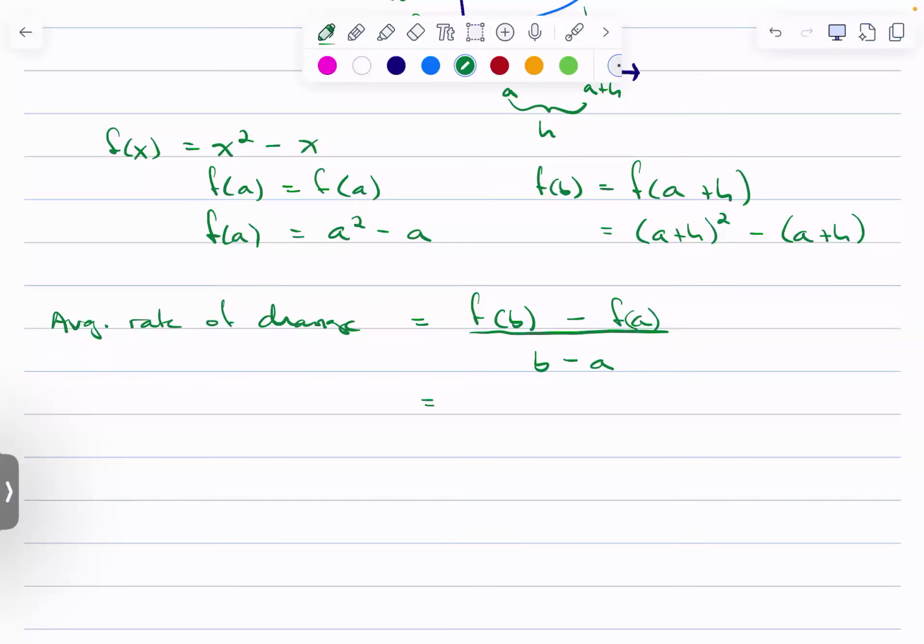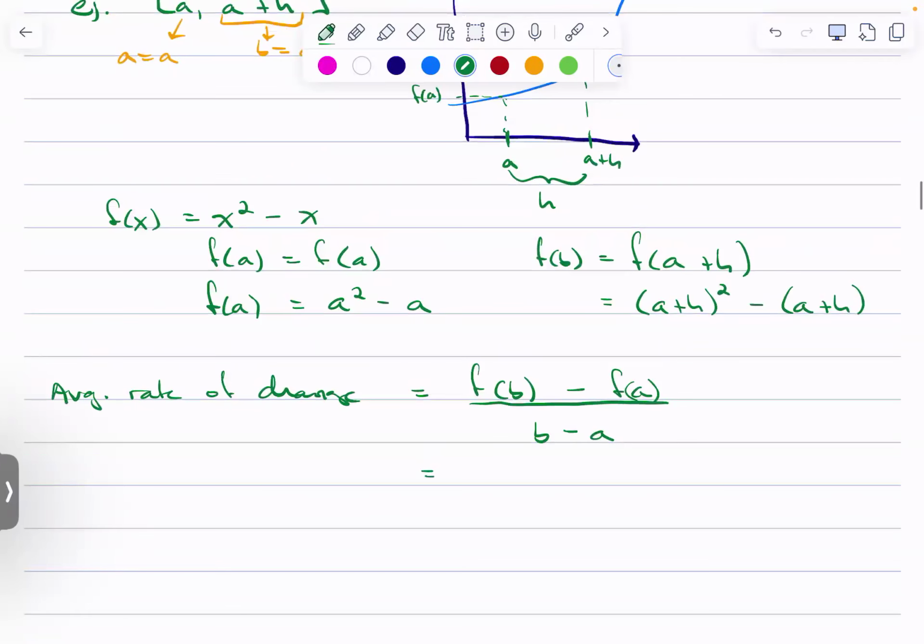And so I have f of b, and what I like to do is keep f of b in big square brackets and f of a in big square brackets, again, just to denote that they're kind of a package deal, right?